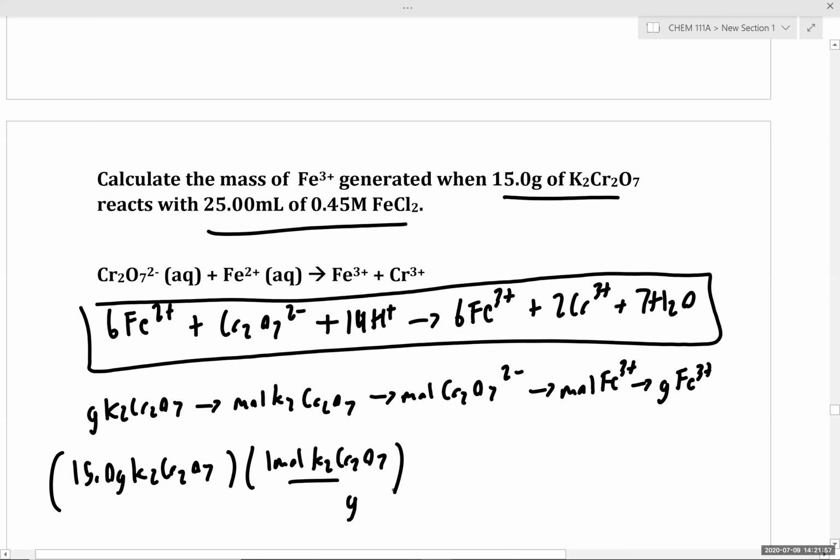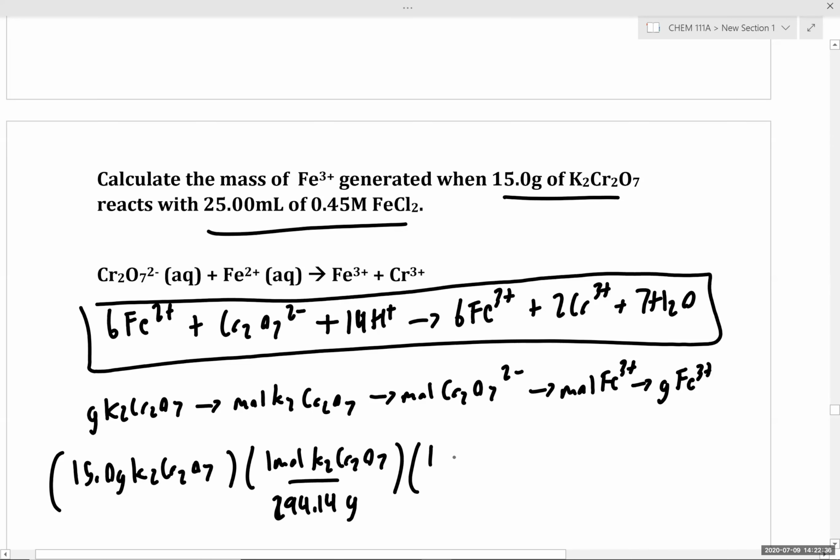So if we have 15.0 grams of potassium dichromate, and in 1 mole of potassium dichromate we have how many grams? What is the molar mass of potassium dichromate? 294.14. Perfect.